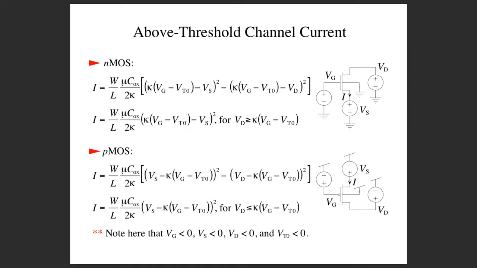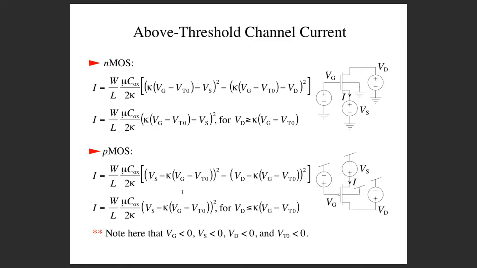If the max term kicks in and this goes less than 0 for larger drain voltages, what happens is that this term goes away and we're left with the source term and the current saturates.